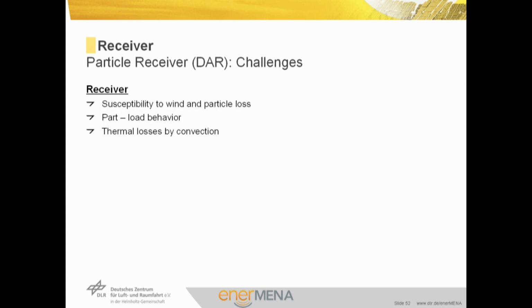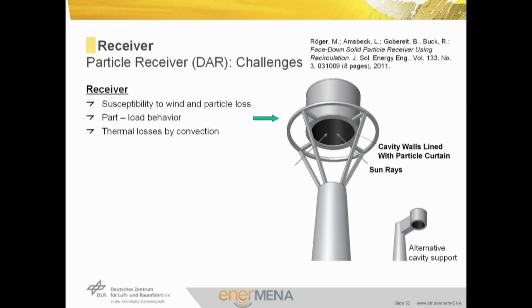There are still a lot of challenges which have to be tackled for the particle receivers. For example, for the receiver, the susceptibility to wind and particle loss, the issue of part load behavior, and the thermal loss by convection. One concept to overcome the challenges regarding the receiver is to use a face-down configuration and a surround heliostat field.